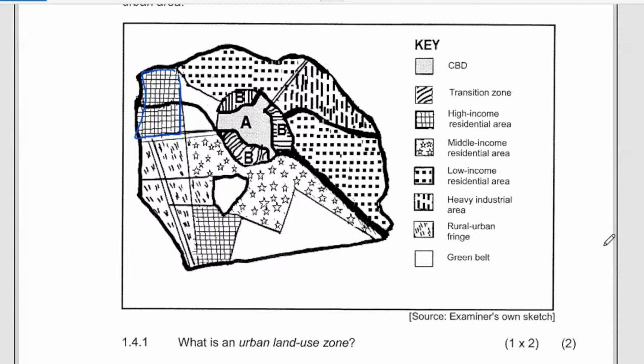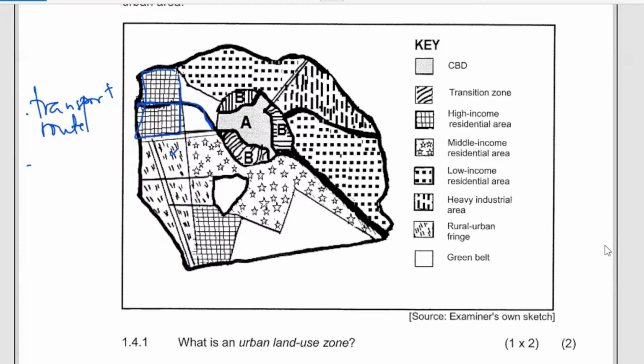Right, if we check there, you are seeing that there is a transport route here which links the area. That is one factor: transport route. Right, what else can we justify?